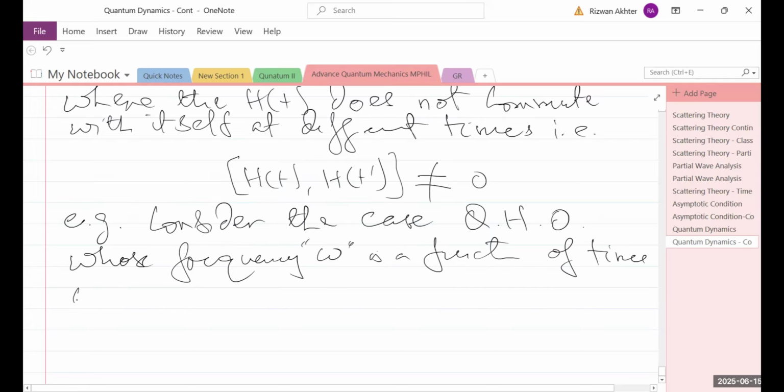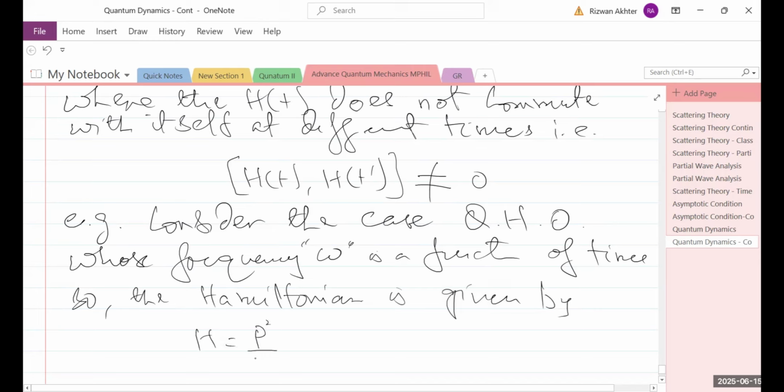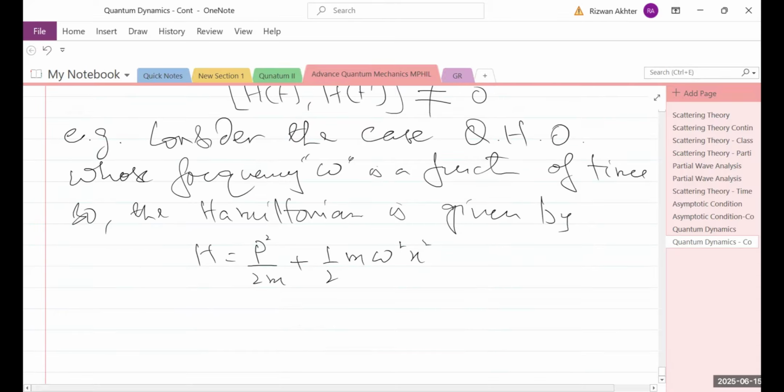So the Hamiltonian is given by, how do we write the Hamiltonian? That is p square upon 2m plus half m omega square x square. And here omega is basically a function of time.